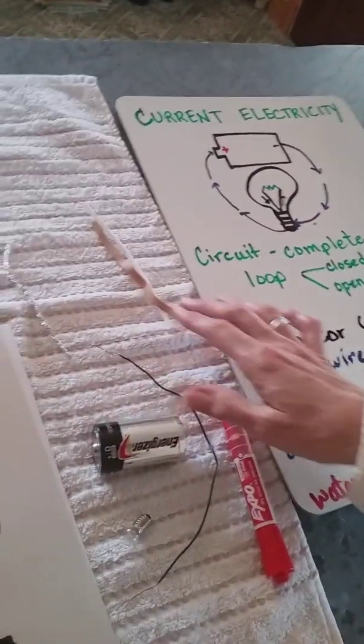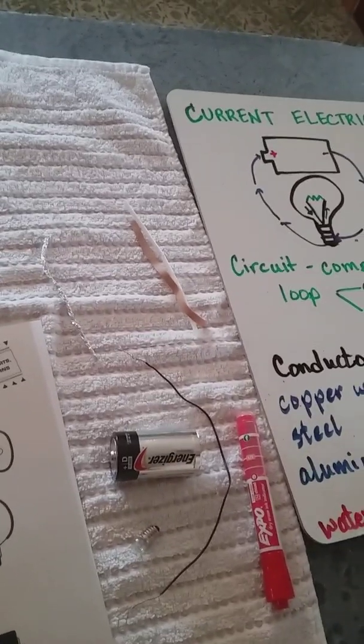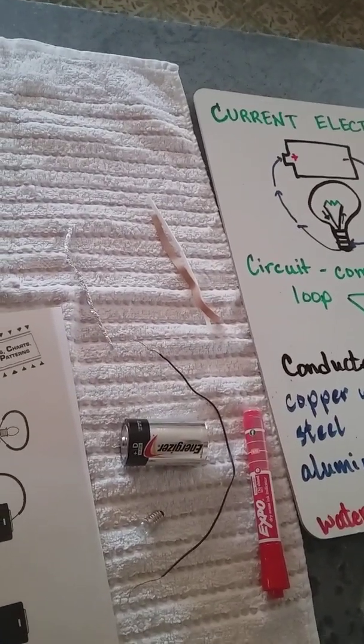And in order to do that, you have to create a circuit or a path for that electricity to travel on. Conductors like steel or copper or aluminum are good conductors of electricity, right along with water. Items like plastic and rubber are insulators, which stop or slow the flow of electricity.